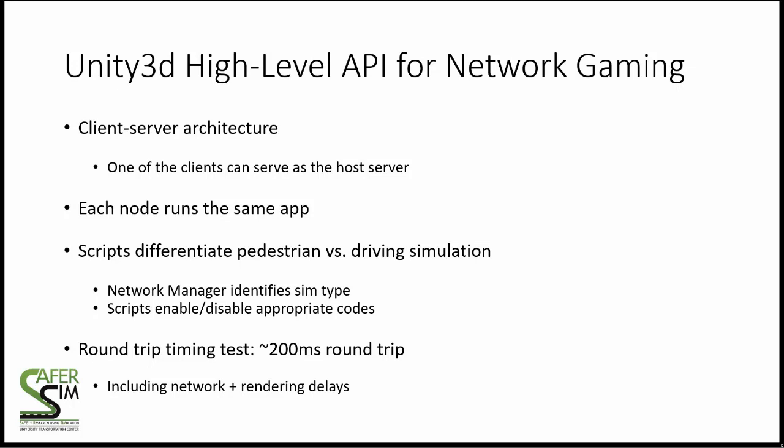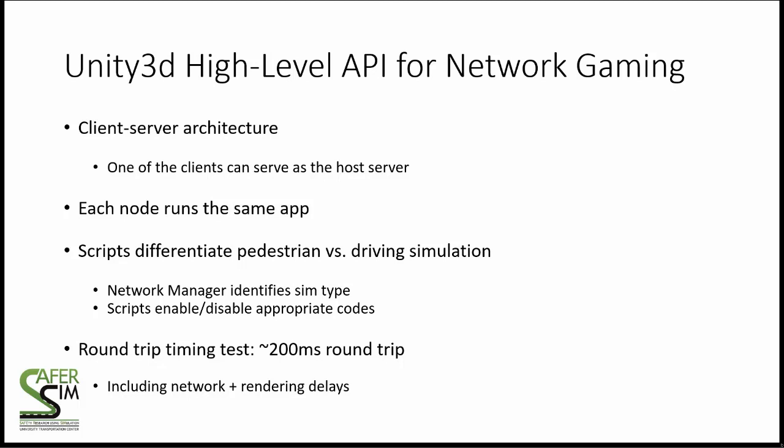It can basically be done in a drag and drop manner. Using the typical Unity gaming drag and drop, we can connect players of the same type, for example, two pedestrians or two drivers.